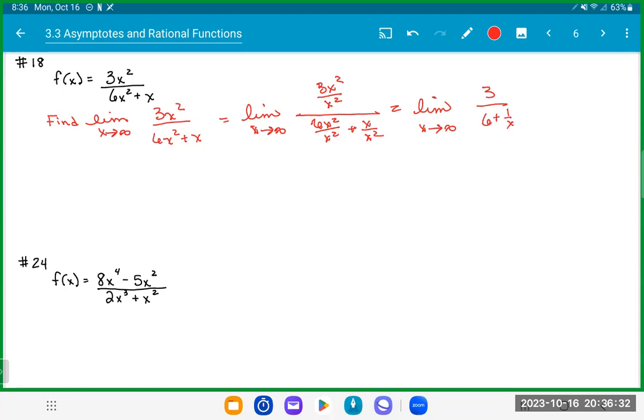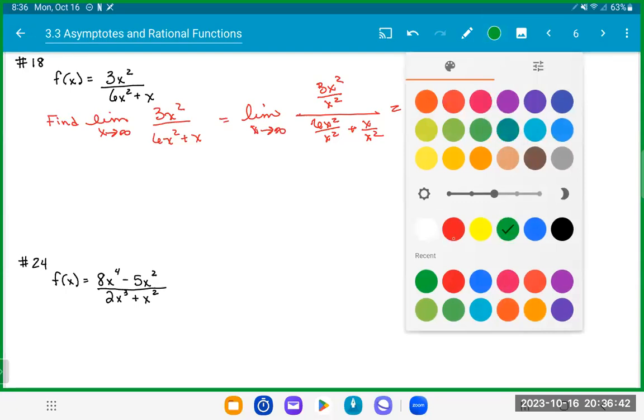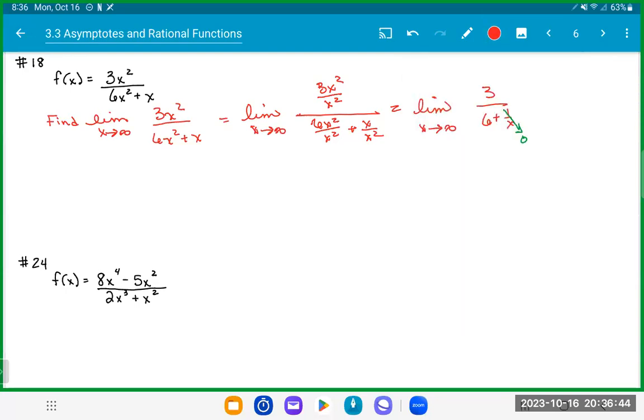Now when we substitute infinity into here, it's going to drive this down to 0, right? 1 over a really, really, really large number is very close to 0. So this is going to be 3 over 6 plus 0. So 3 over 6, which is 1/2. Okay.